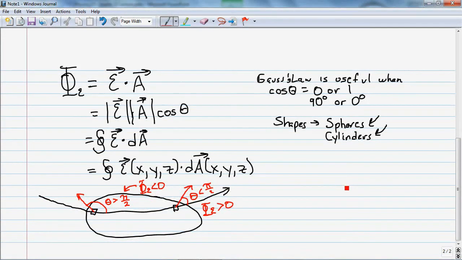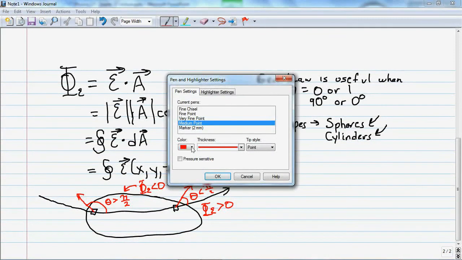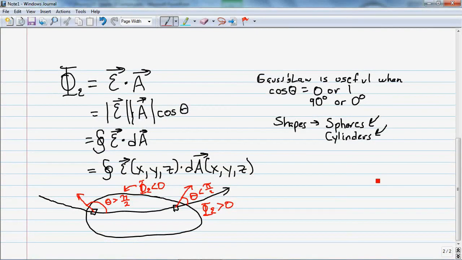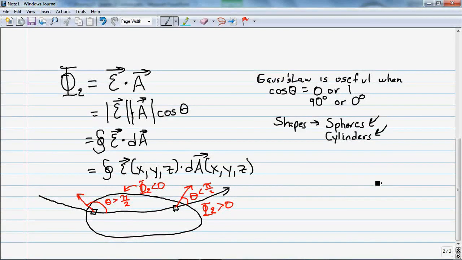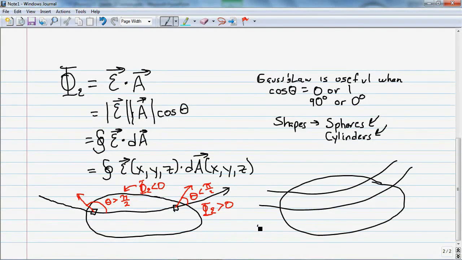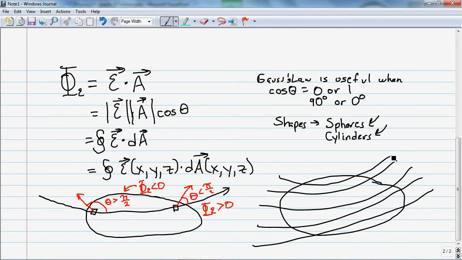The other point that we need to make and understand, let me create another shape here. Let's say I have multiple electric field lines from outside of this surface, and these field lines penetrate the surface of this shell or this shape and exit.